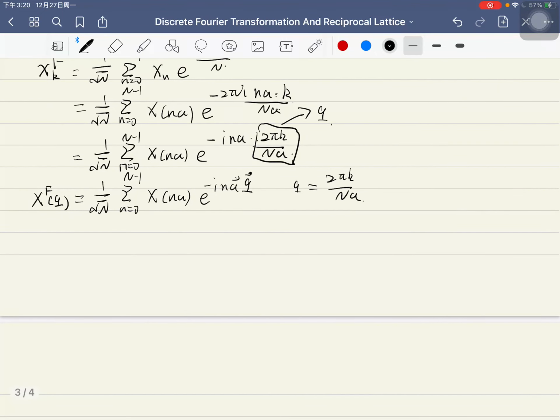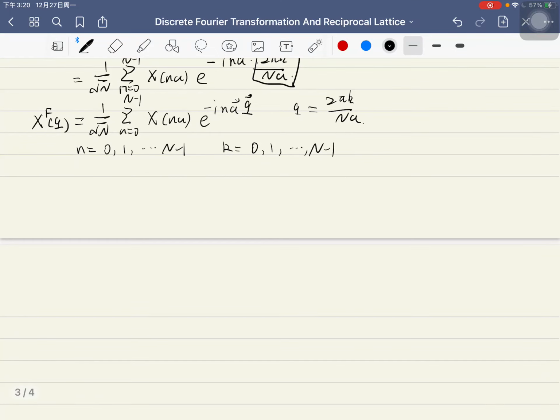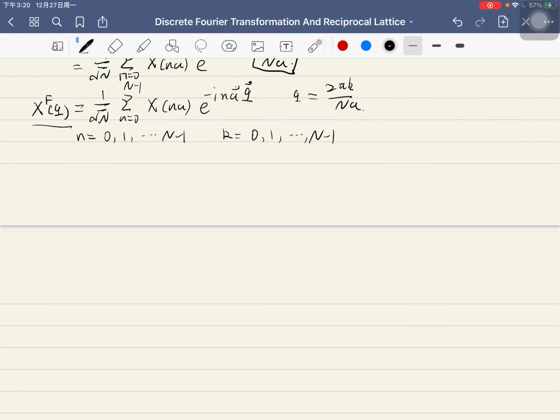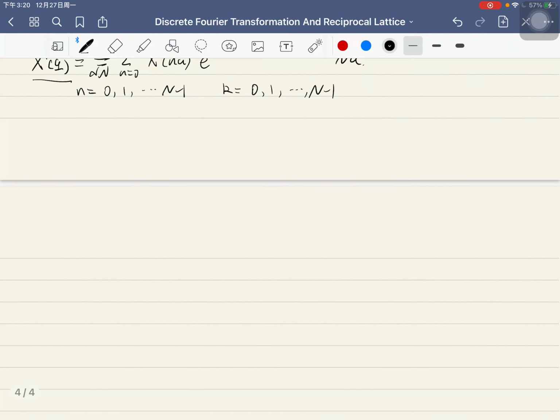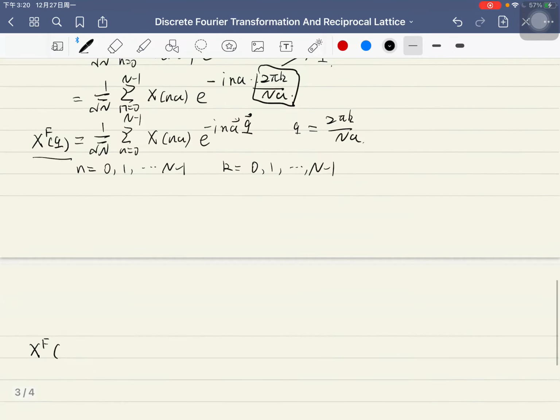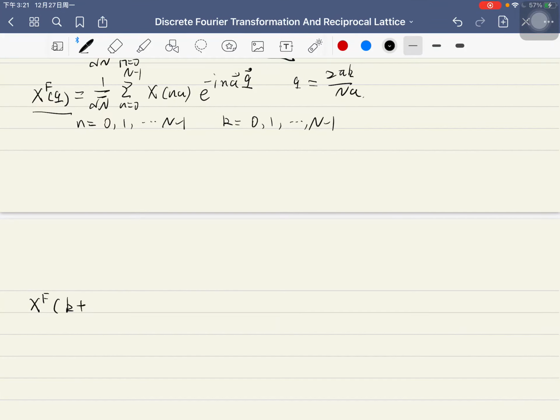And since n takes the values 0, 1 to n minus 1, k takes the values 0, 1 to n minus 1. And many times we can find that x^F also satisfies the periodical condition, which means x^F_(k plus n) equals x^F_k.